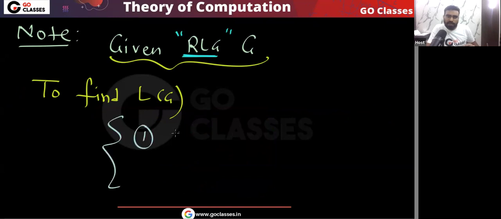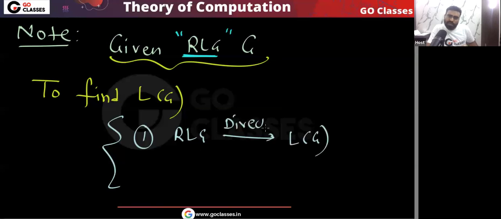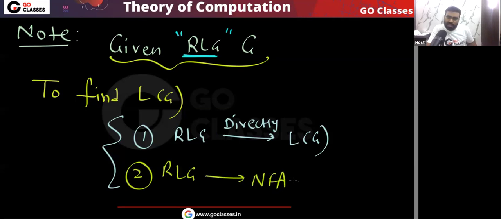Method one: from the right linear grammar you directly find the language. Or you can convert this right linear grammar to an NFA, and from this NFA you can find the language. Is this clear?